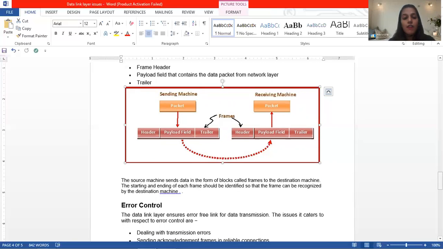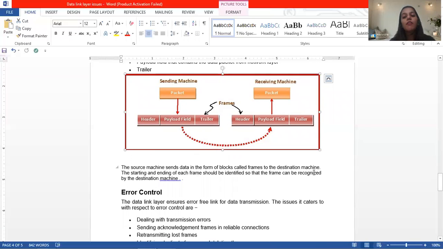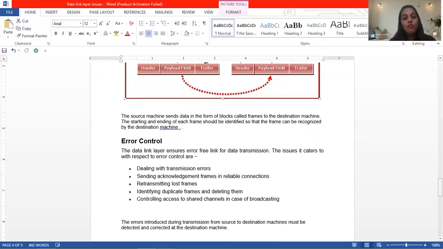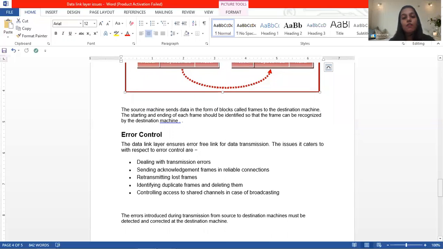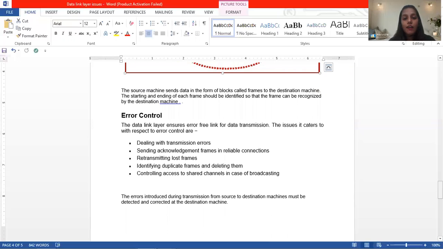Then the second one is error control, and there are many different algorithms for framing, which we will study in the next lecture. For error control there are also ARQ, go-back-N ARQ, and sliding window protocols. So error control is basically for error handling in data during data transmission.